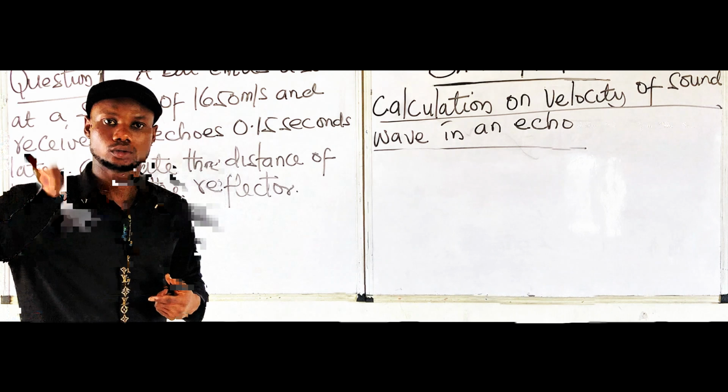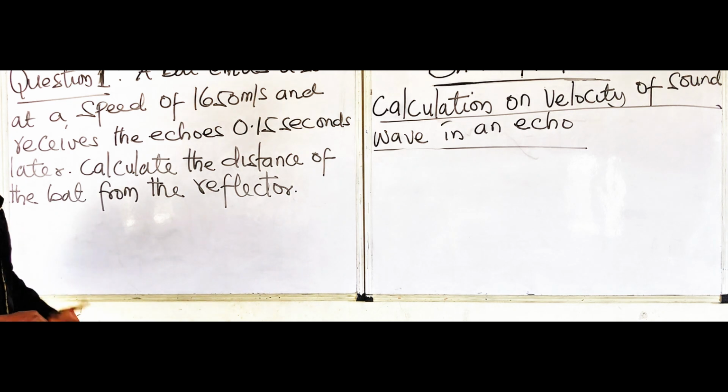Echo. And class, we have to understand the question carefully. If echo is being mentioned, that means we use the mathematical expression of echo. If echo is not being mentioned, we check if there is a distance between the source of the sound and maybe a wall, or sea bed, or hill. Please take note of this, okay?